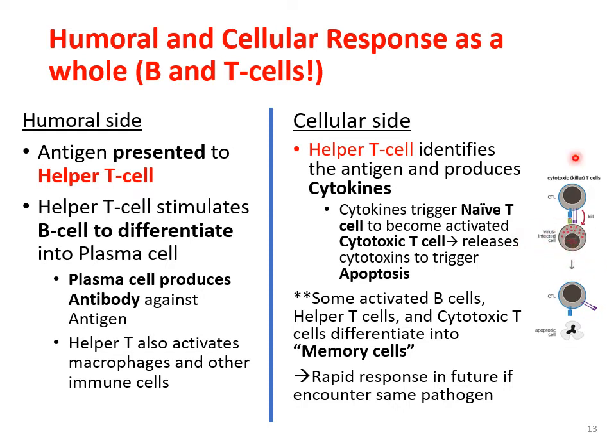So your own host cells that have been taken over by viruses, your immune system will target for destruction and excretion from your body so that it can help put a stop to the virus factory that your cells have been turned into. Now, what's important about adaptive immunity, as I mentioned earlier, is that it has memory.